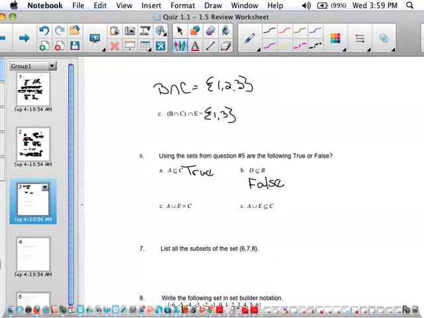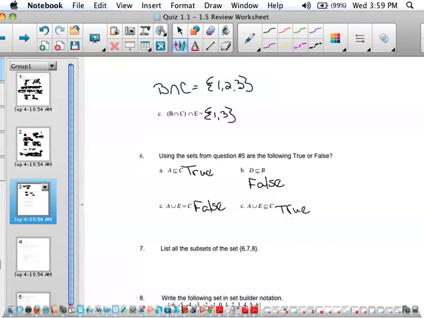Number C, the intersection of A and E is C. That's not true because the union of A and E is the set from 1 to 9 inclusive, but C is all of the natural numbers. So that would be false. Is the union of A and E a subset of C, and that would be true.